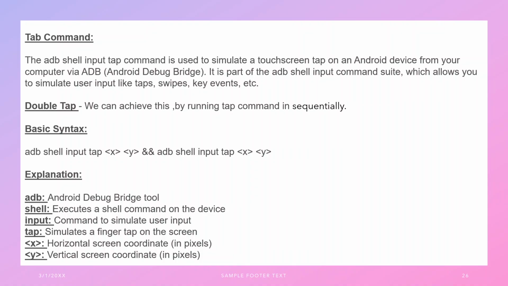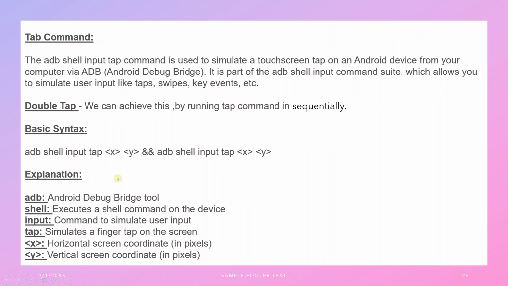This symbol I have to use here. So first I use the tap command once, then double ampersand, then adb shell input tap with x and y coordinates. The same x and y coordinates I have to provide here so that I can mimic the double tap.